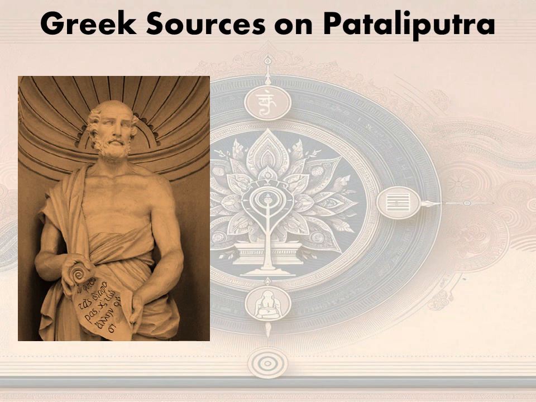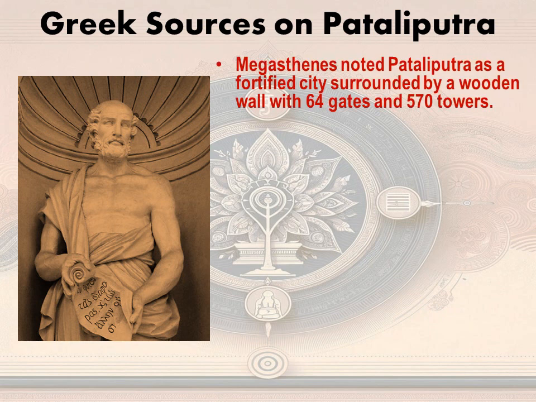Greek sources on Pataliputra. Pataliputra was the capital city of the Mauryan Empire, and during those times, different Greek sources mention the city Pataliputra, especially Megasthenes' Indica. Megasthenes noted Pataliputra as a fortified city surrounded by a wooden wall with 64 gates and 570 towers.